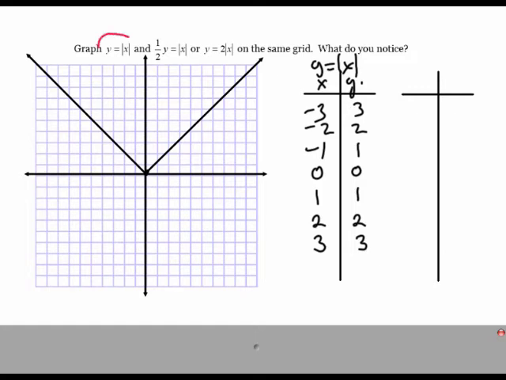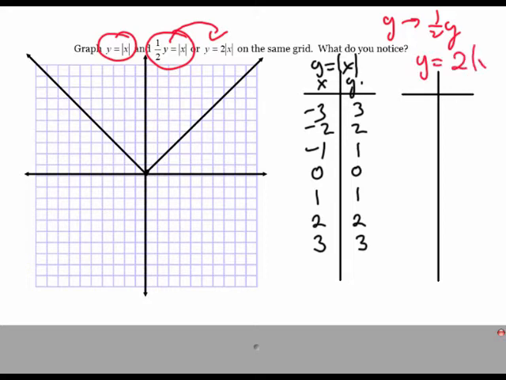Okay, finally, let's replace y with a half y, or if I want to isolate my y equals 2 absolute x, and see what the effect on the graph is. So I want to keep the original x values and see what happens to the y's under this change.